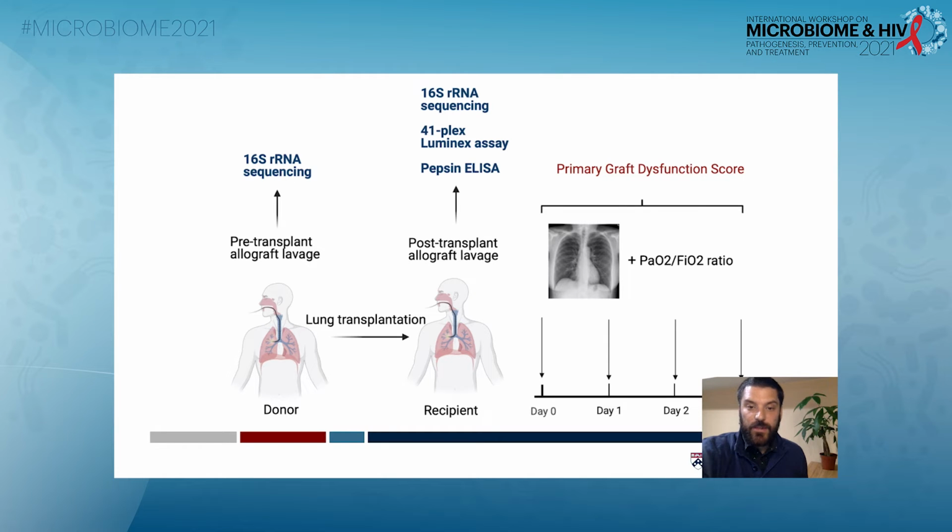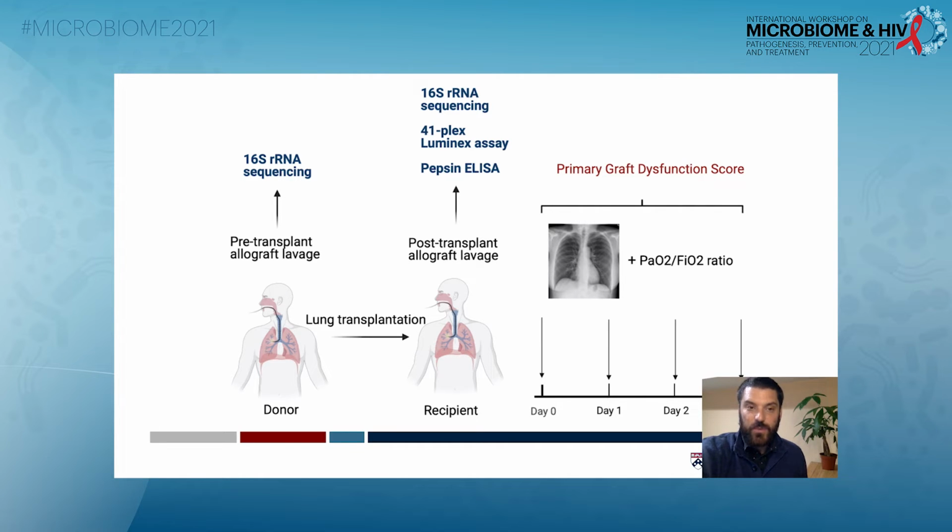So what we did was we had lavage samples from the donor lung right before it was explanted, and then from the recipient lung right after the lung is reimplanted in the recipient.